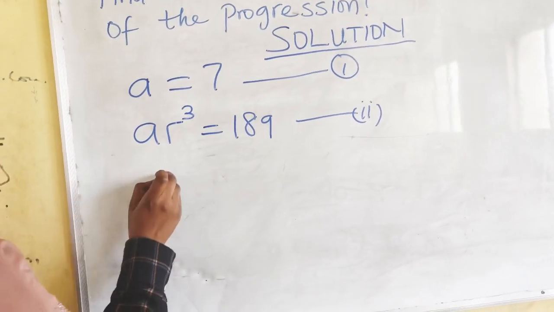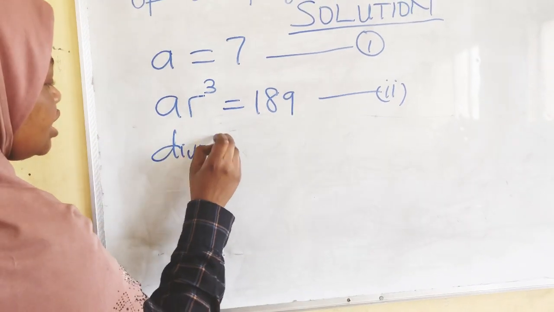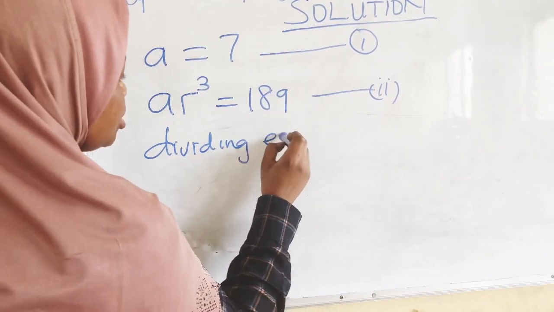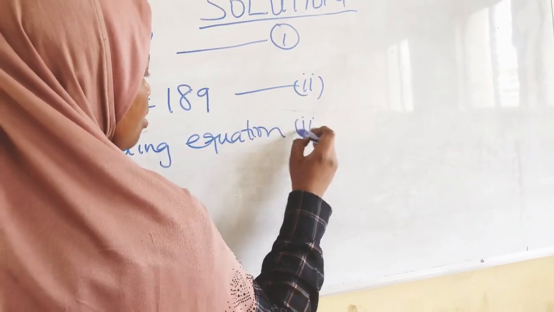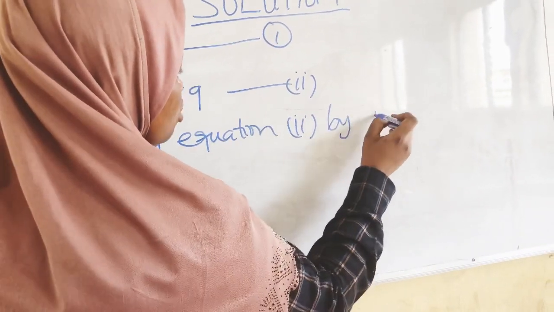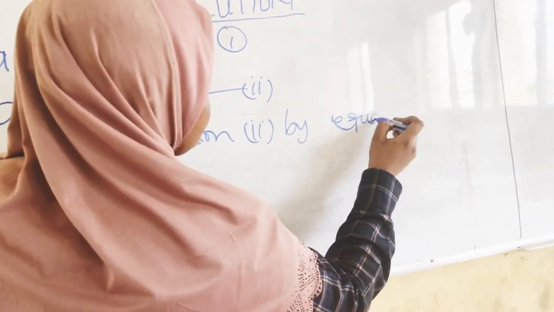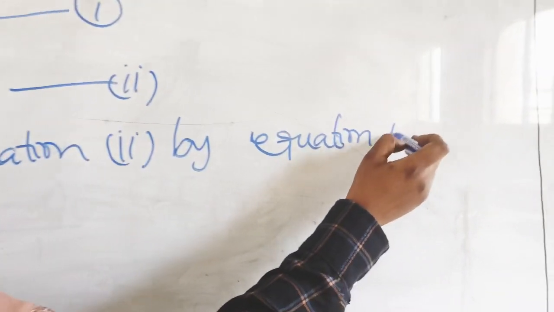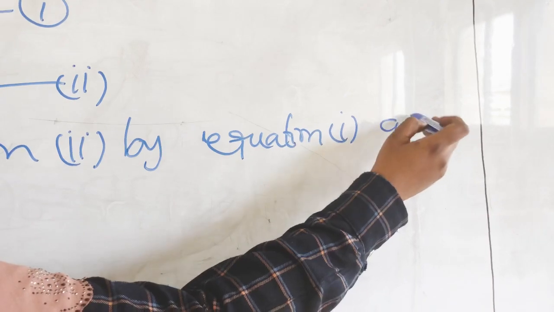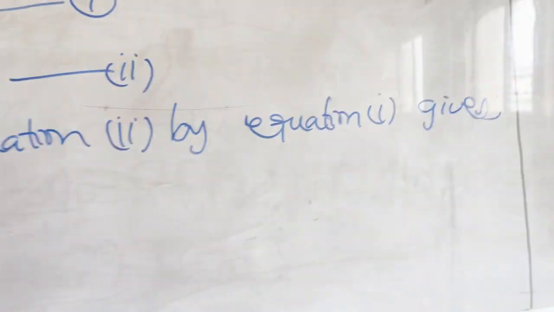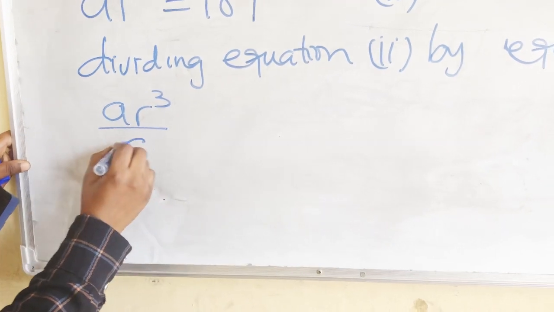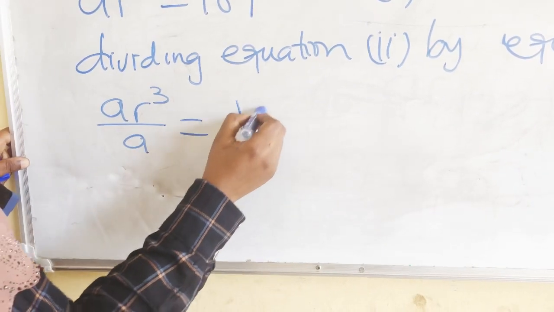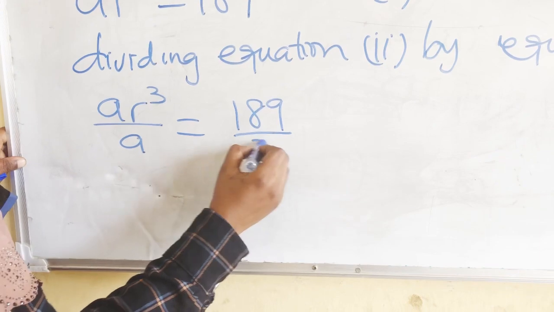So from here, dividing equation 2 by equation 1 gives A R cubed over A is equal to 189 divided by 7.